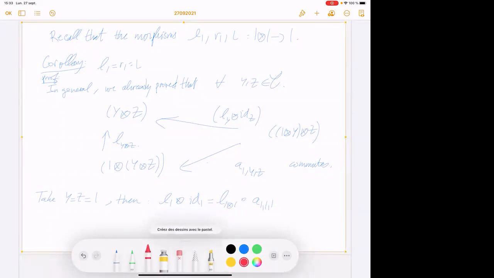So you go from there to there with Y equals Z equal 1, you get that, and here you get that.